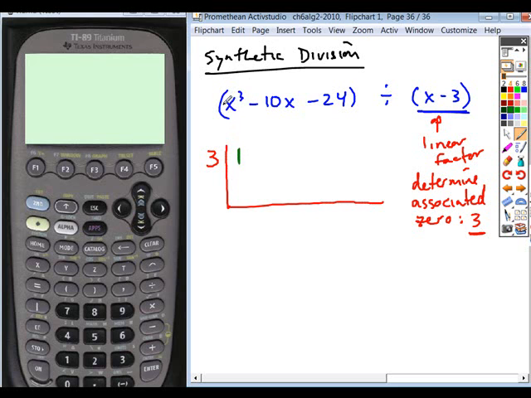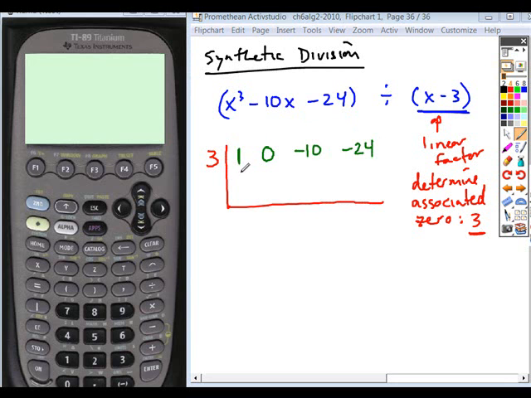Then we progressively decrease. How many x squareds do we have? If there's nothing there, you do have to fill in a space for that by using 0. How many x to the first do we have? Negative 10. And how many constants do we have? Negative 24.